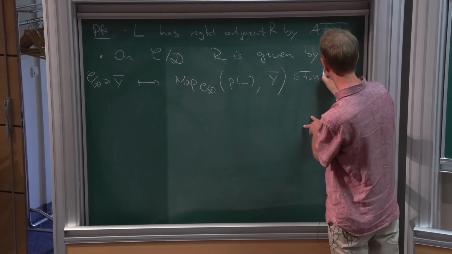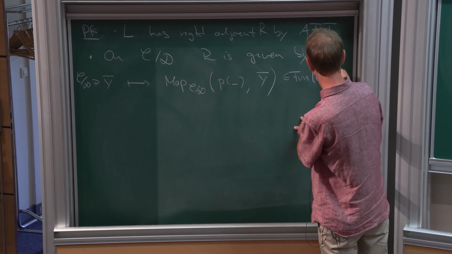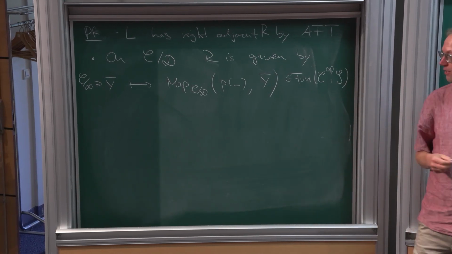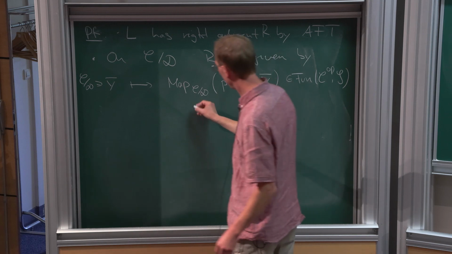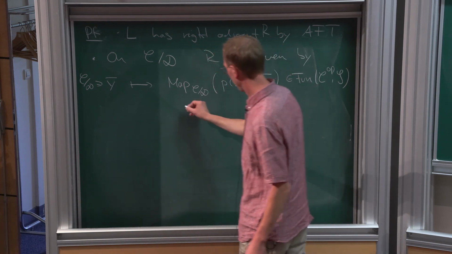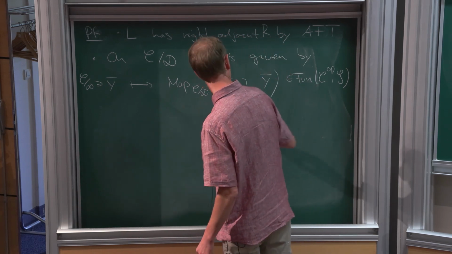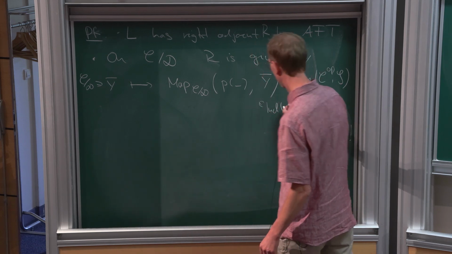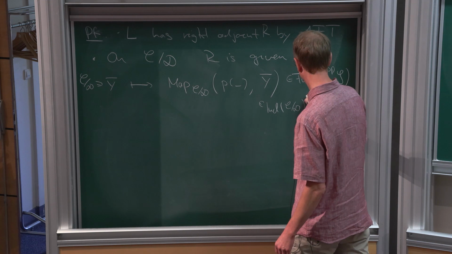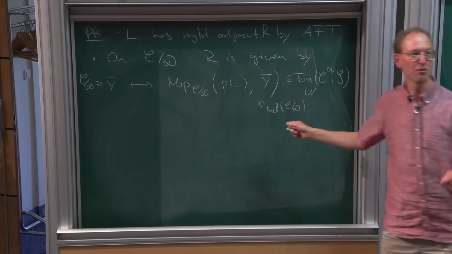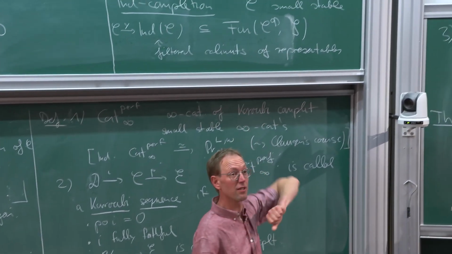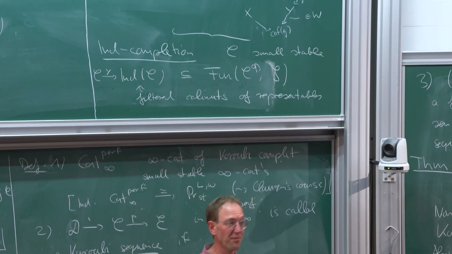That's a presheaf on C with values in spaces. But from this explicit formula that I've written down somewhere here before, you see that this lies in fact in, how do I write this, maybe like this, in the Ind-completion of C inside here. As noted before, this formula explicitly writes this thing as a filtered colimit of representable things.